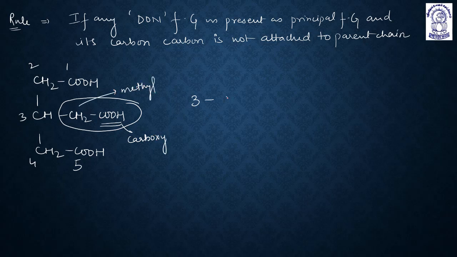It becomes carboxymethyl. 3-carboxymethyl pentane-1,5-dioic acid. Because here this COOH group cannot be a part of the principal hydrocarbon chain. You cannot go clockwise or anti-clockwise. You have to go in one direction. You cannot reverse. That is why.